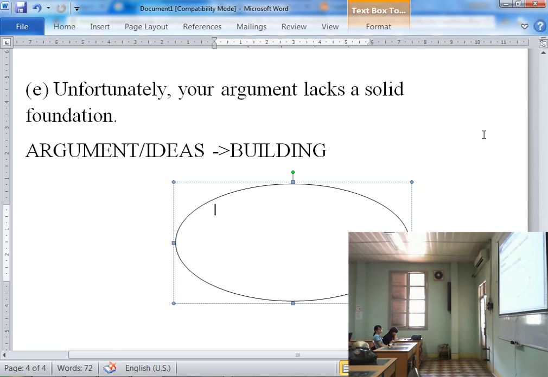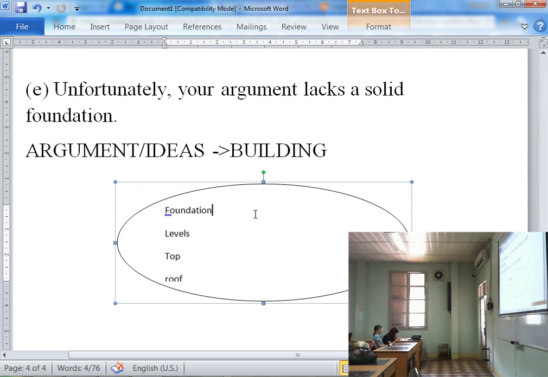It's being built. What kinds of concepts are related to this domain of a building? It has the foundation, right? It has levels, it has the top, it has the roof. What else? Okay, it has the basement.